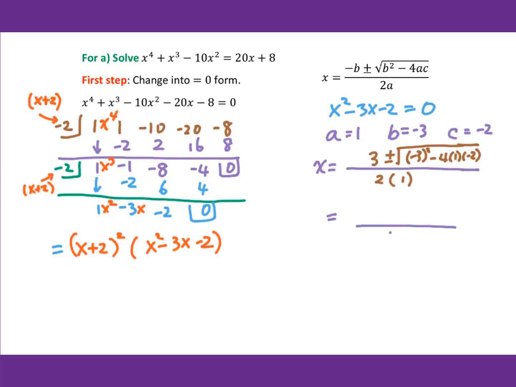You will get denominator 2, 3, then plus minus square root of 9 plus 8, that will be 17. Therefore, for this polynomial equation, your solution is x equals -2 and 3 plus or minus square root of 17 over 2.